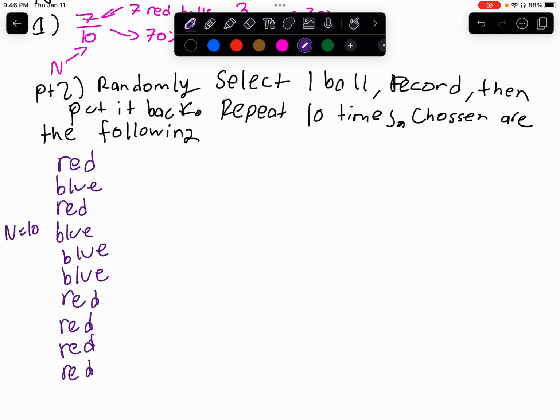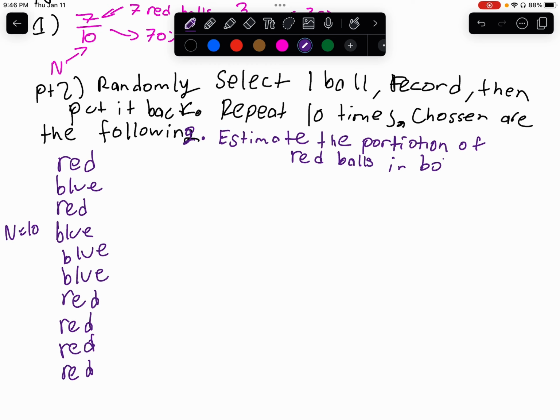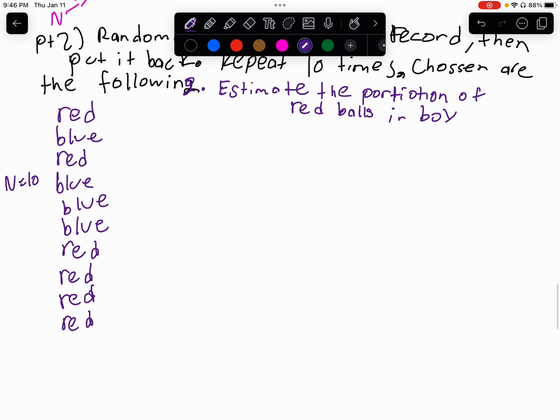But now the question is, estimate the proportion of red balls in the box. Okay, so now, as we know from this, number of red, if we count, we have 1, 2, 3, 4, 5, 6. So we have 6 red balls.